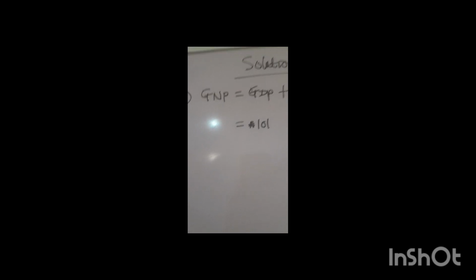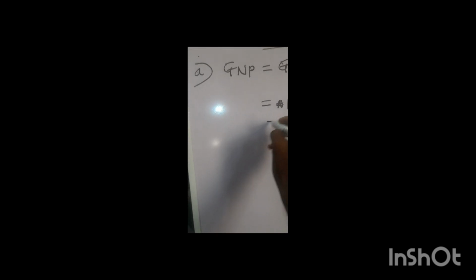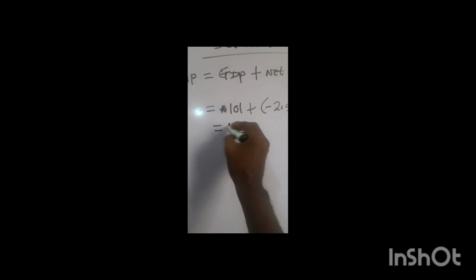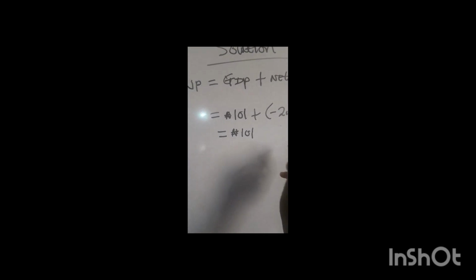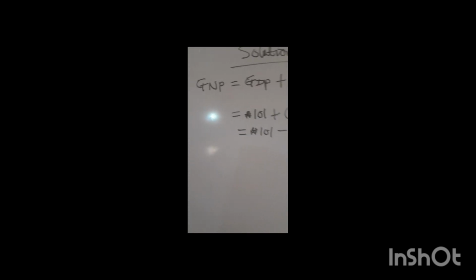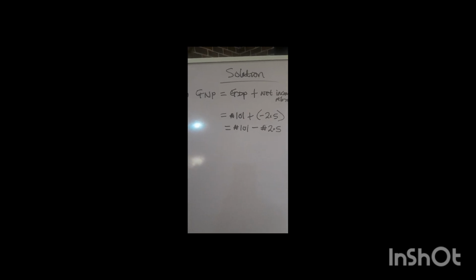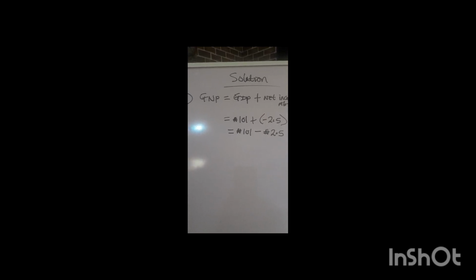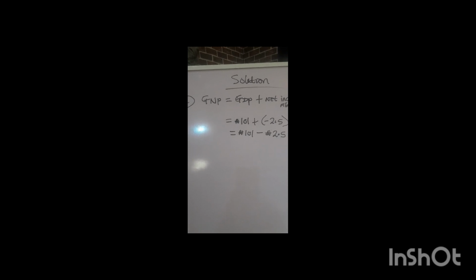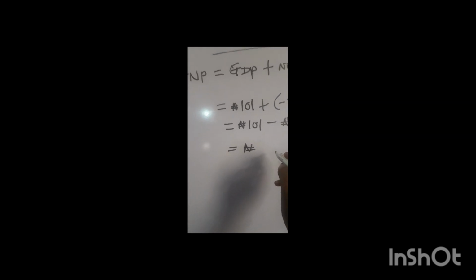So if we say plus in bracket of negative 2.5 million, we're having the same thing as saying 101 minus 2.5 million, which gives us 98.5 million naira.